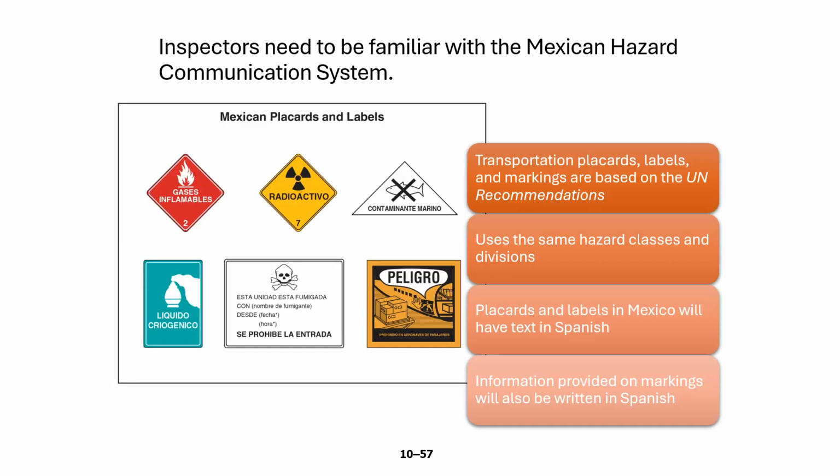Placarding and labeling in Mexico is very similar. When you look at shape, color, symbols, numbering, there might be a couple of different changes that we wouldn't normally see here in the United States, but very similar uses to help identify what the hazards might be.